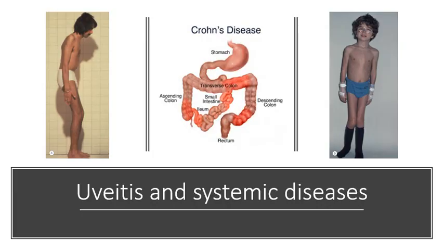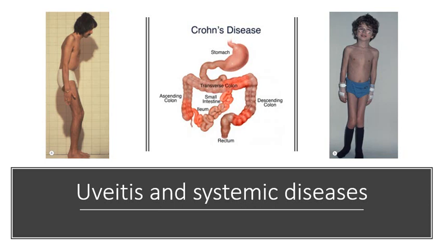Uveitis is commonly associated with quite a few different systemic diseases, and you will see patients with these in your clinic. Ankylosing spondylitis is one of these, where you get inflammation, calcification, and ossification of the ligaments and joint capsules. The man on the left-hand side of the picture, who is kind of hunched over a bit, has ankylosing spondylitis.